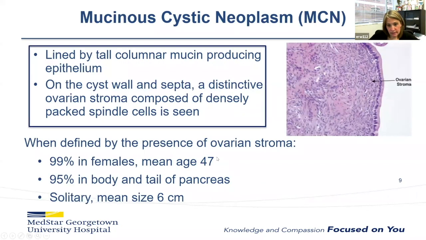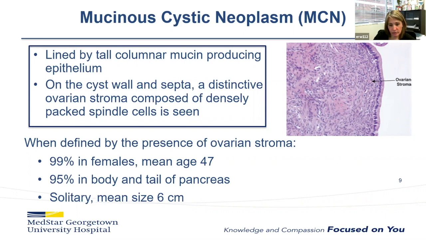Okay, mucinous cystic neoplasms, or MCN. I'll just say what I said last week, which is it's really important to not use this term as the overarching term for the whole group of mucinous cysts in the pancreas, because this is a very specific term that's meant for this entity, which is a cyst wall that is lined by mucin-producing columnar epithelium with ovarian stroma.